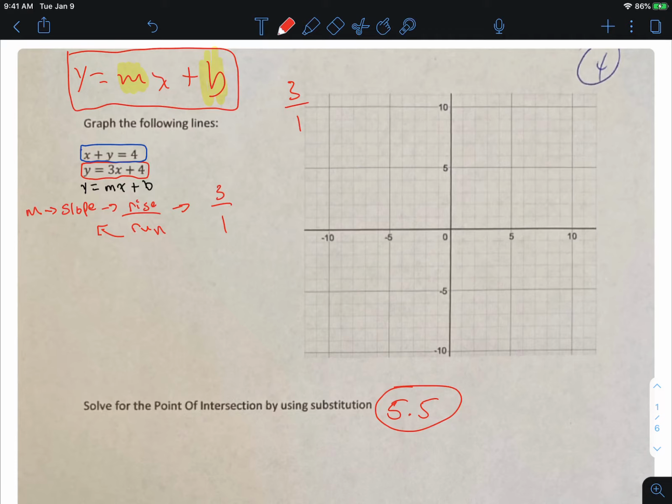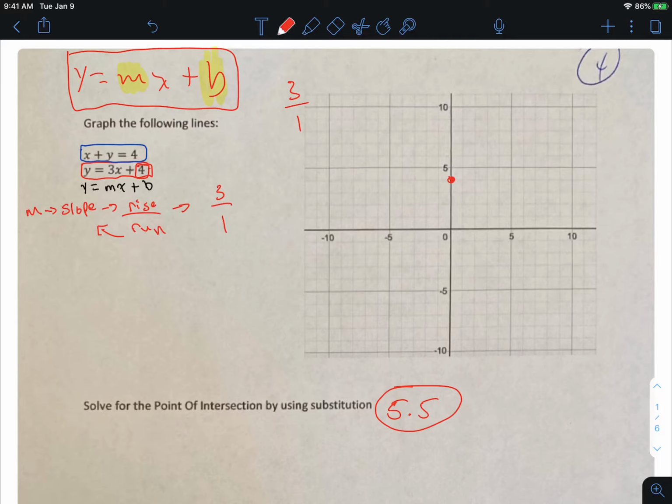But now my issue is, where do I start? Do I start down here or do I start here? I don't know where I'm starting. That's where B comes into play. We'll do this two ways. The first way, the easiest way, is you just read the B value off the equation and then find it on the y-axis.